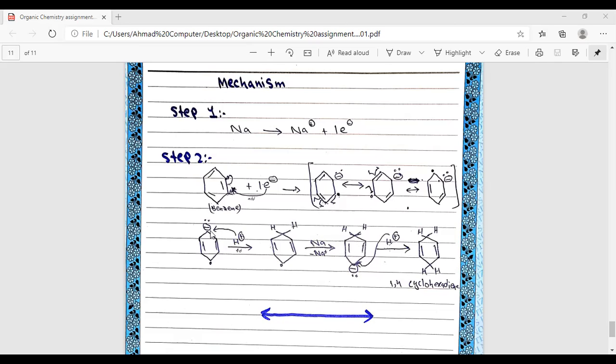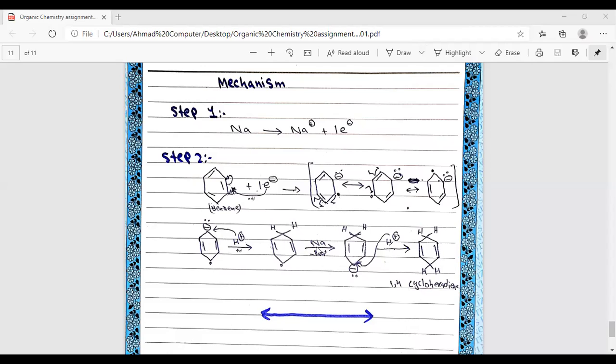Now we talk about the sodium. There is a negative charge on this benzene ring, and the H plus ion from the ethyl alcohol acts as a proton source and reacts on this carbon atom, and we get this structure.